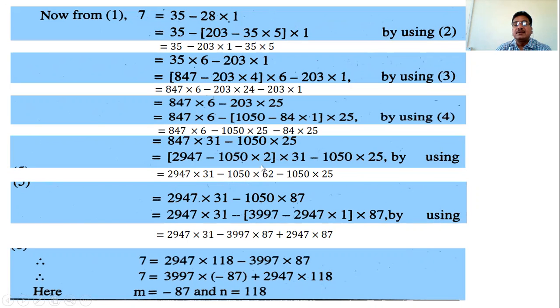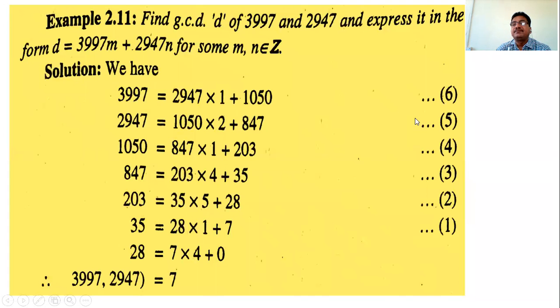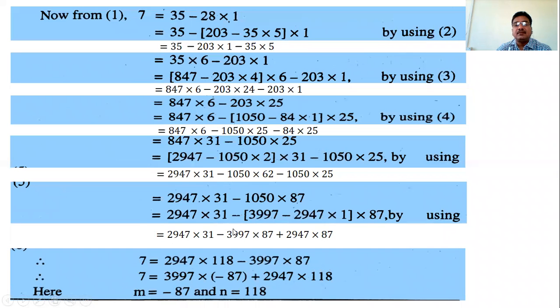Then we have 62 plus 25 is 87. Then next equation is what? Use equation number 6. What is equation number 6? 3997 minus 2947 into 1 is the value of 1050. So here write the value of 1050 as 3997 minus 2947 into 1, into 87.